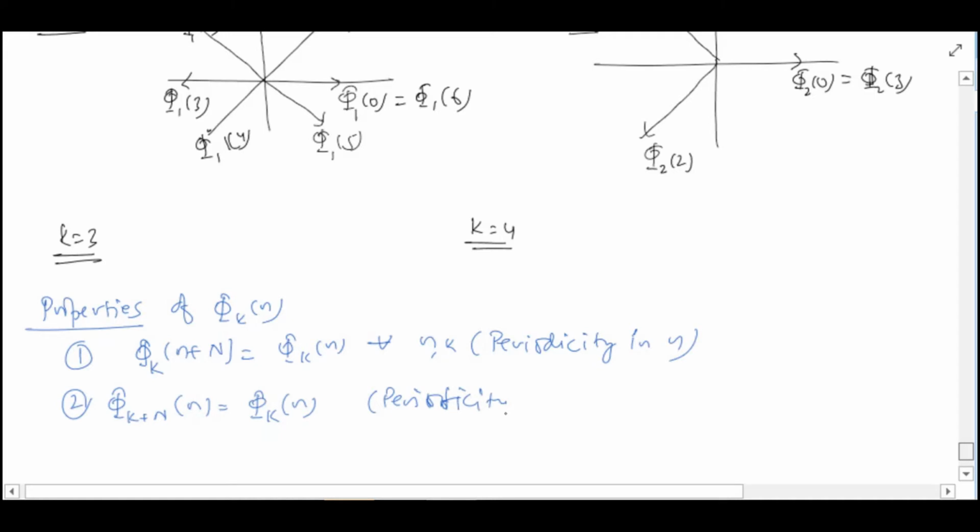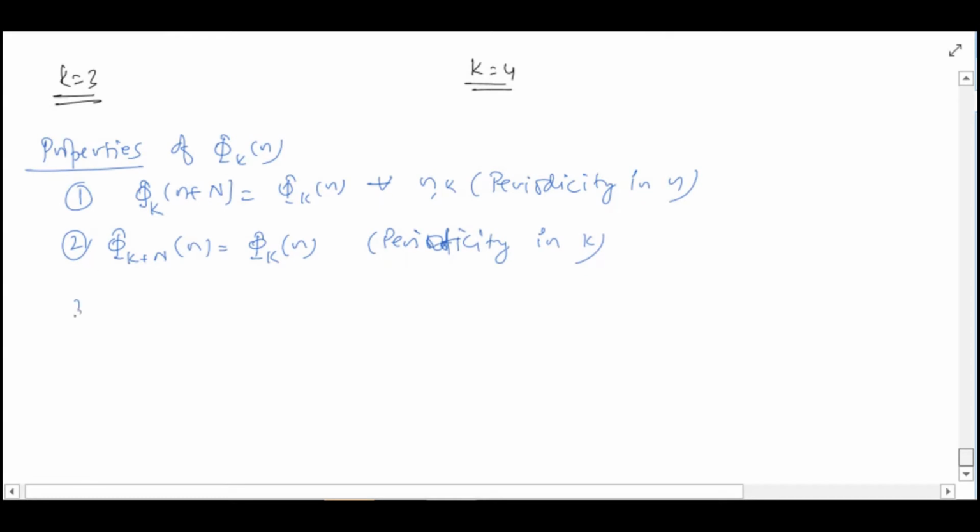The next property is if we add these complex exponentials, n equals 0 to capital N minus 1, the summation turns out to be N if k is 0, plus or minus N, plus or minus 2N, etc., and it's 0 otherwise.